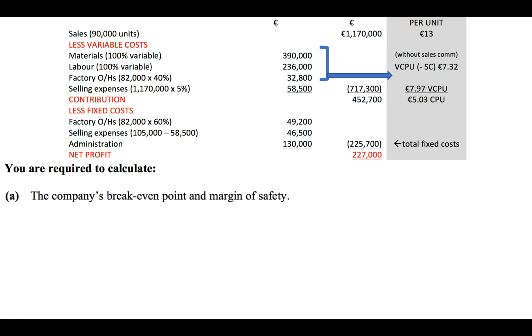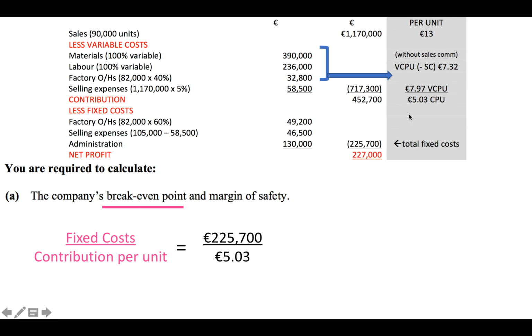Okay, so part A, you are required to calculate the company's break-even point and margin of safety. The break-even point has the formula fixed costs divided by contribution per unit. So my fixed costs are 225,700 divided by my contribution per unit, which is €5.03, and that is equal to 44,870.78 and so on.